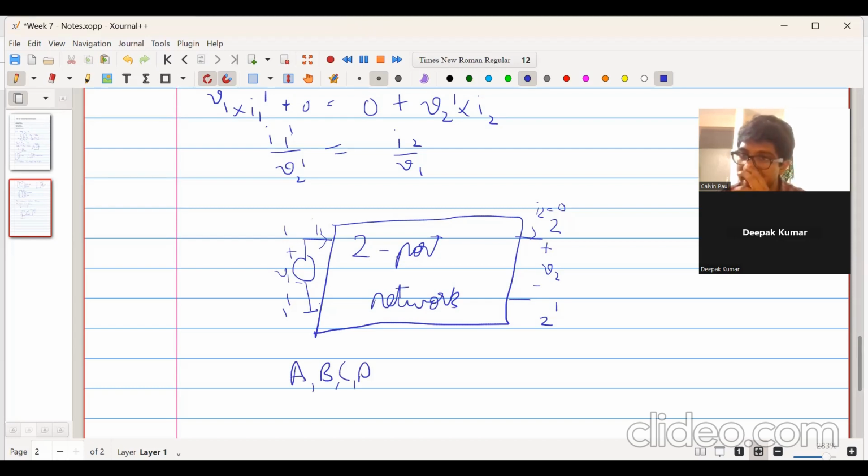Once we get those parameters, we can use them to analyze the response of the network for other inputs and other outputs. So we originally didn't know what was inside the two-port network, but using these concepts, we found certain constants which help us determine the behavior of the two-port network.